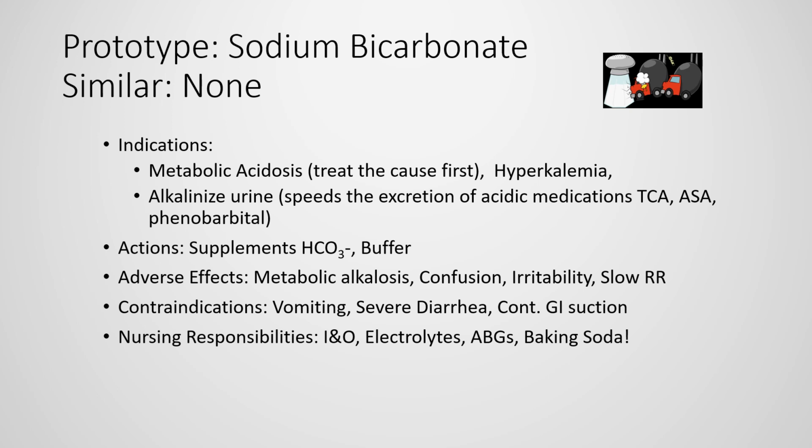hyperkalemia. So why could I use it? So if I get a patient come in and we notice that their potassium is 7.8, we go for a number of drugs, but one of them is sodium bicarbonate, intravenous sodium bicarbonate. And why is that? If we give bicarbonate intravenously, we will cause H plus to combine with it, which is going to elevate the pH in the blood.